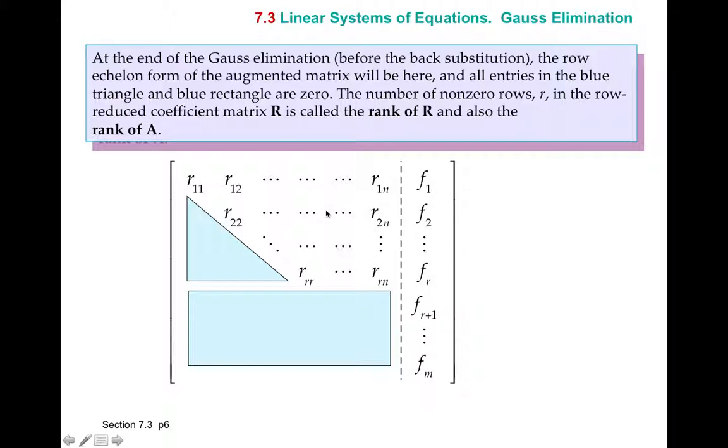So this matrix would have rank r. The rank of the matrix in row echelon form is the same as the rank of the original matrix A. Just because an original matrix appears to have a lot of rows and columns, it's not until we reduce it to row echelon form that we can actually determine the rank.